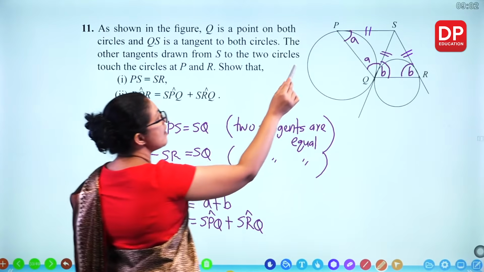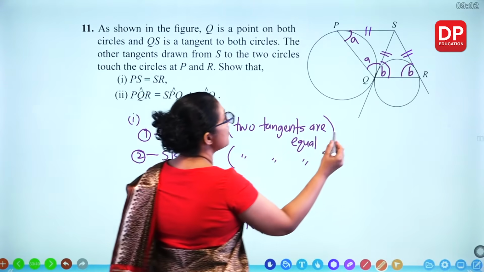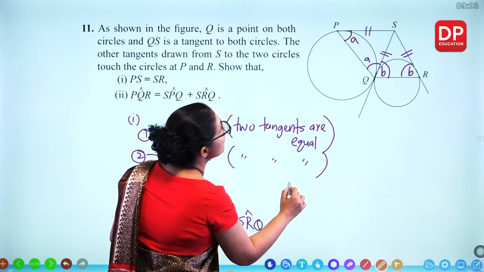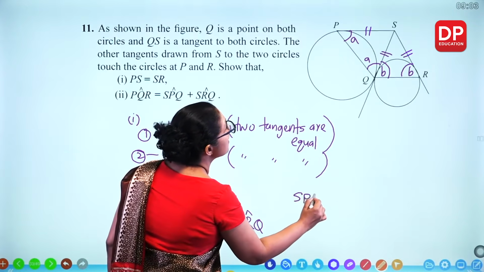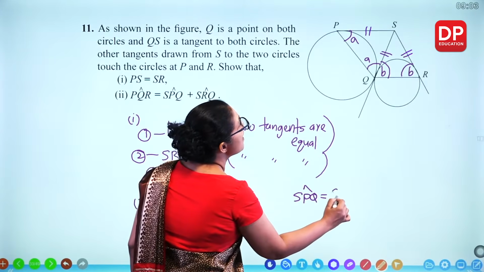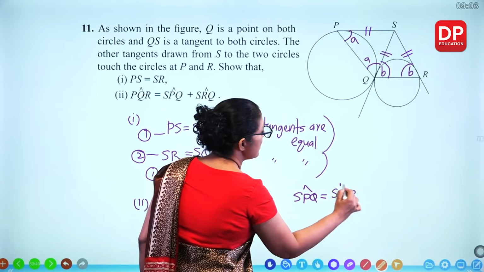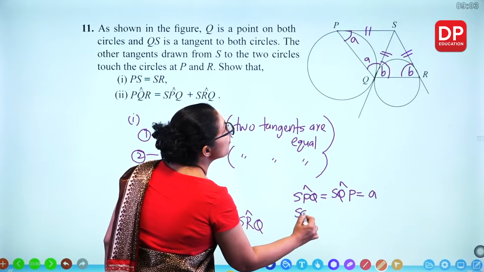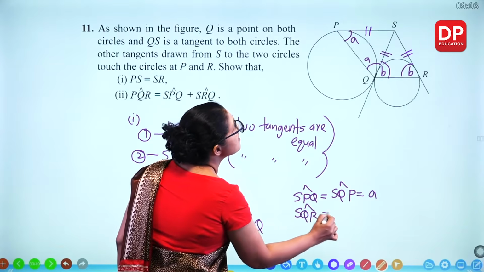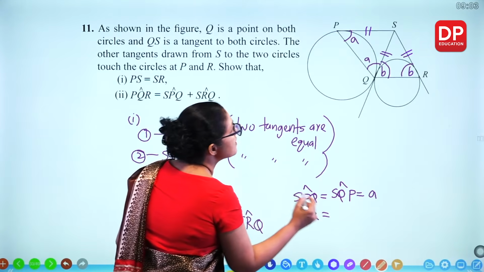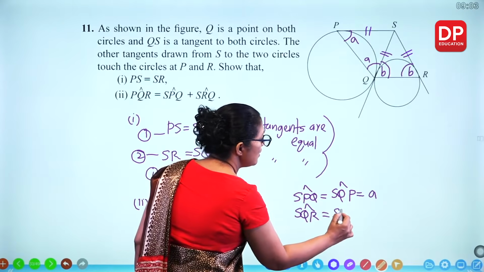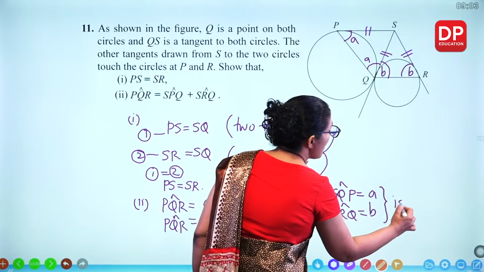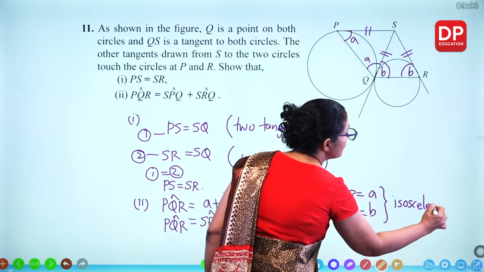So here I'll write down this information because you have to write down everything. SPQ angle is same as SQP angle, that is A. SQR angle is same as SRQ angle, that's B, because of isosceles triangle.